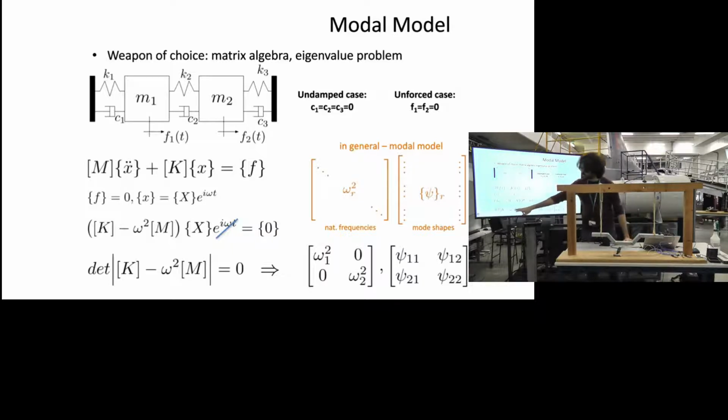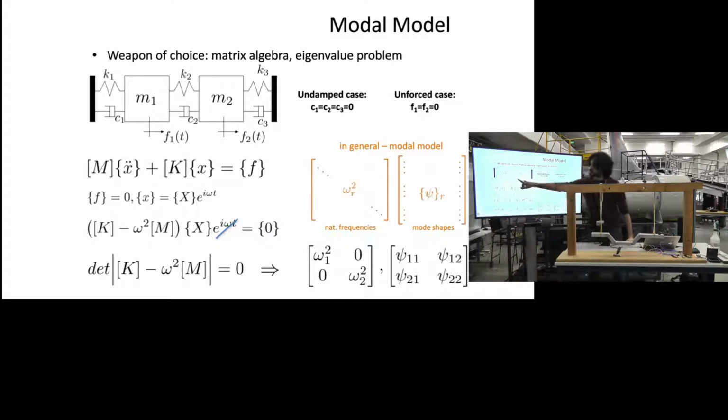And the eigenvectors of this problem: the first column is the first eigenvector, the second column is the second eigenvector. You can bunch them into a single matrix, which is the rotation matrix or the modal matrix. They correspond to the mode shapes, or deformed shapes, of the system.